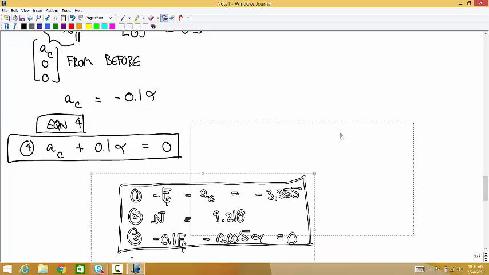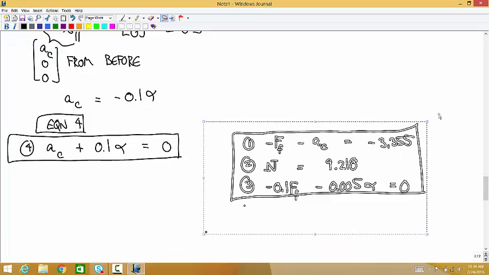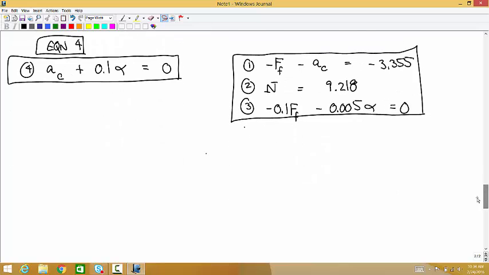Just putting this here so I can see them all. And let's write out an augmented matrix for this to solve it.